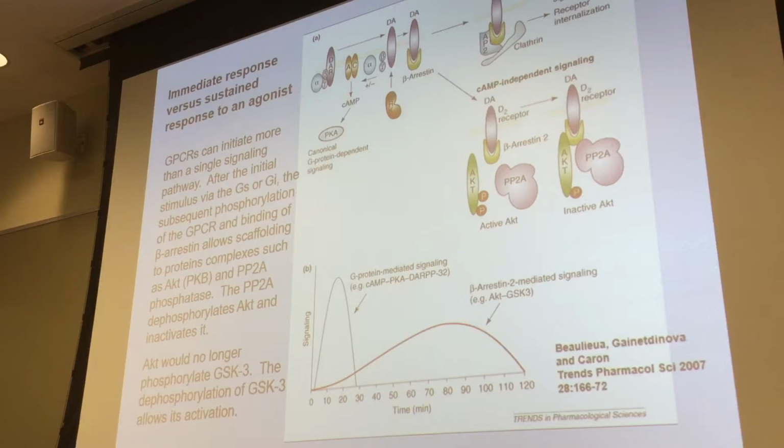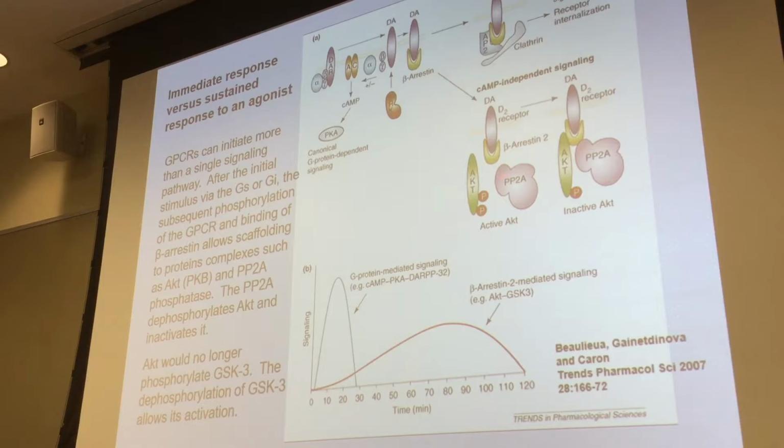So how does this work? Well, after our G protein coupled receptor has already lost its alpha and beta subunits, it's become phosphorylated, the arrestin binds, then the arrestin can serve as a scaffolding protein. And we've talked about several of those pathways already, but you can see that one of the proteins that it can bind is the AKT.